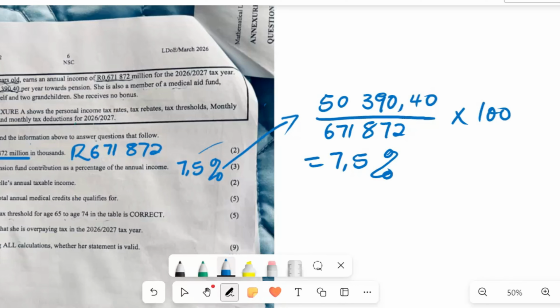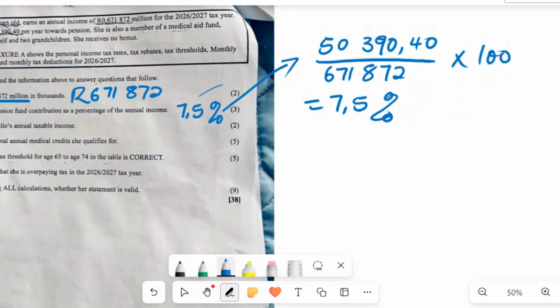Calculate Janelle's annual taxable income. Taxable income, what is this? The taxable income is the amount of money that you earn after the contribution towards the pension has been deducted.